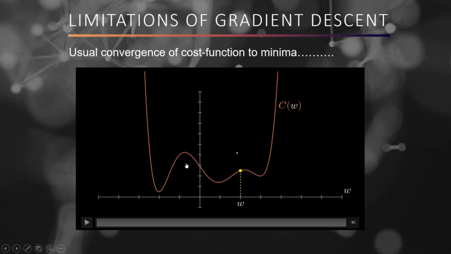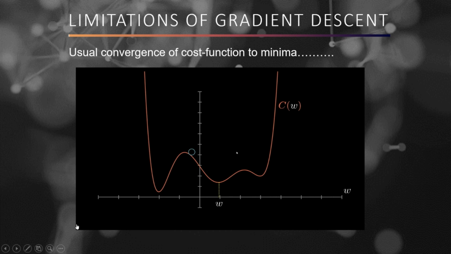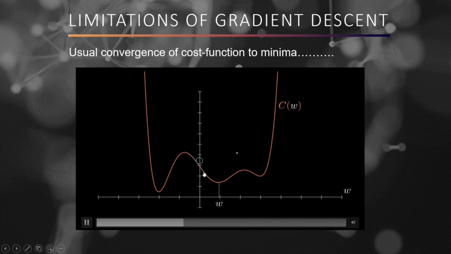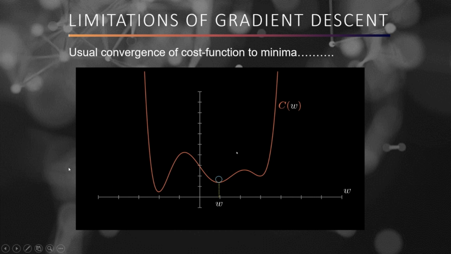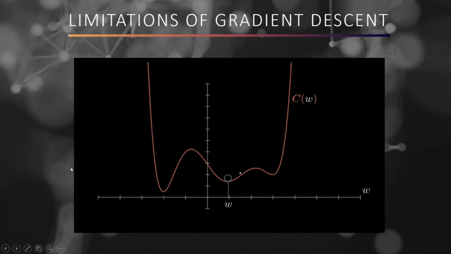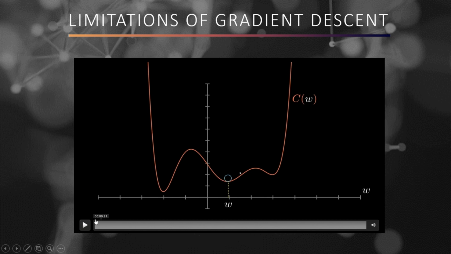We will consider a cost function of one variable. If we initialize our starting point at this point, it will converge to a minima like this. But there are many possible ways of initializing this value, like this initial value may be here.